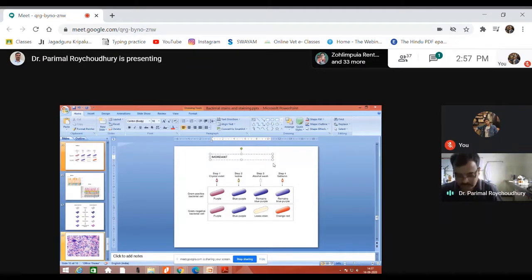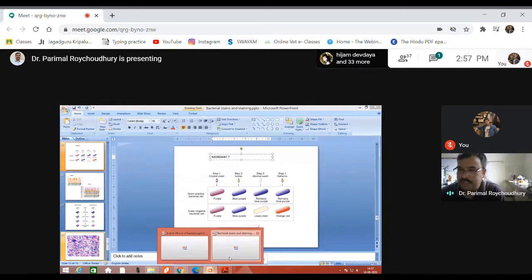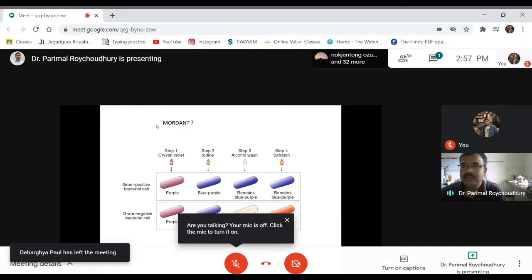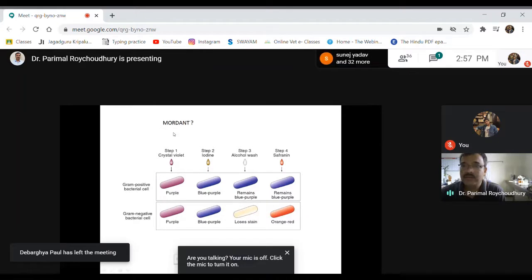M-O-R-D-A-N-T, mordant. Now what is a mordant? Mordants are certain chemical or physical agents which can help in fixation of the primary stain.